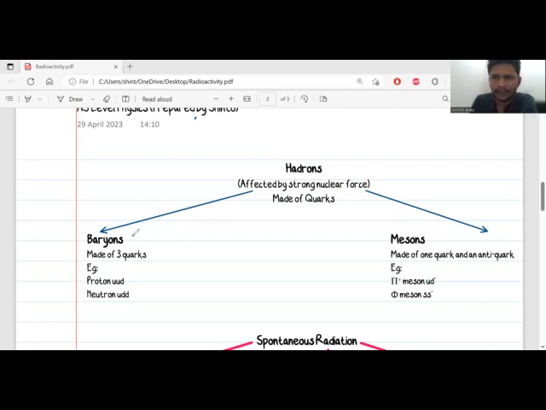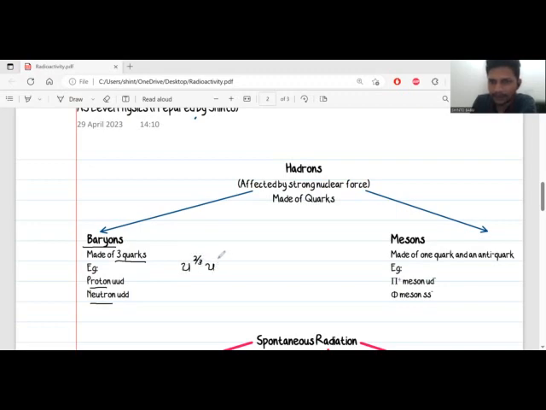Now, if you have a particle that is made of 3 quarks, we call it a baryon. One example is the proton, another is the neutron. The quark composition of a proton is UUD. As you saw before, a U quark has +2/3 charge.